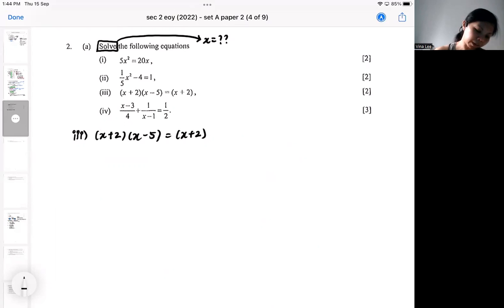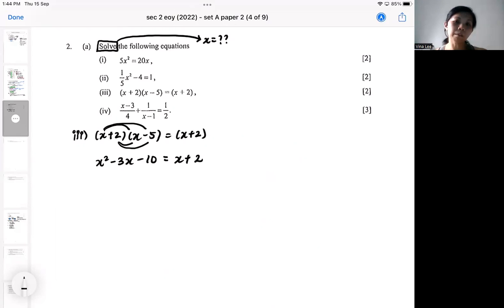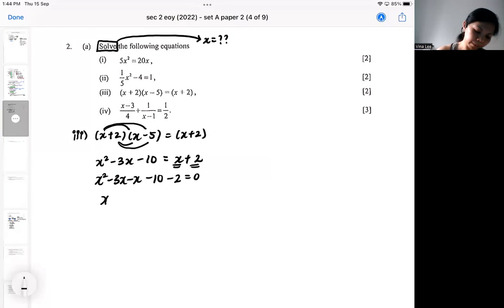You can go and expand. So if you have expanded out, you will get something like this. And bear in mind, it's still a quadratic. So you should shift everything over. Shift the x over. Shift the number over. So you got equal to 0.